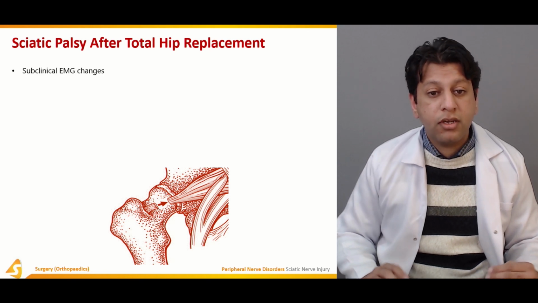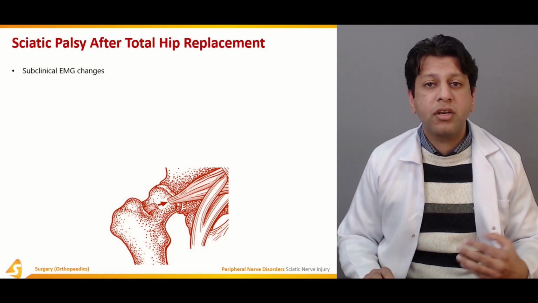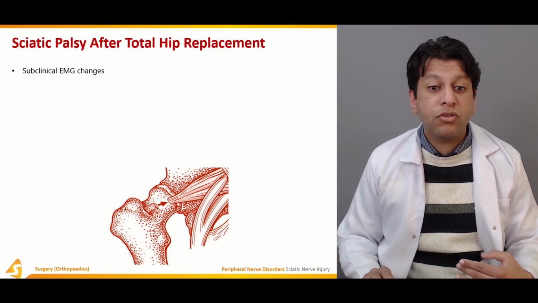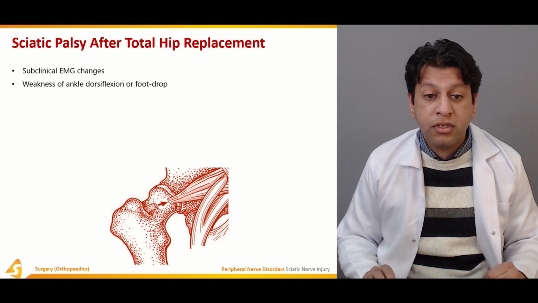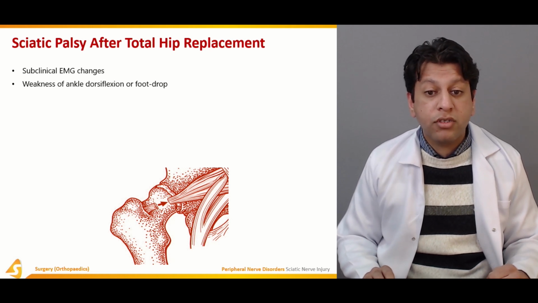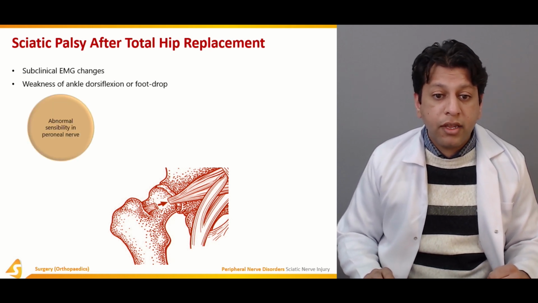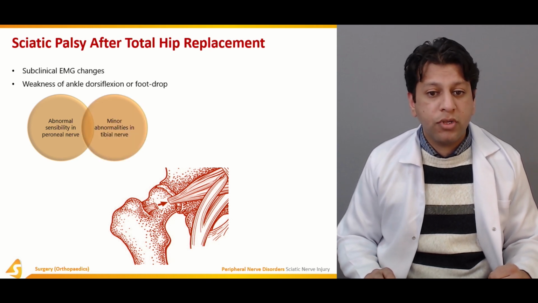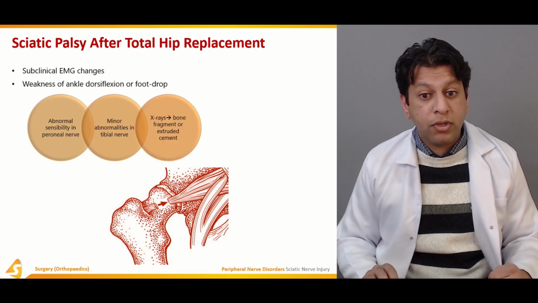It could be complete or it could be incomplete. If it's incomplete, there are always subclinical EMG changes. There's weakness of ankle dorsiflexion or a foot drop, and usually it's associated with abnormal sensibility in the peroneal nerve. There may be minor abnormalities in the tibial nerve as well.